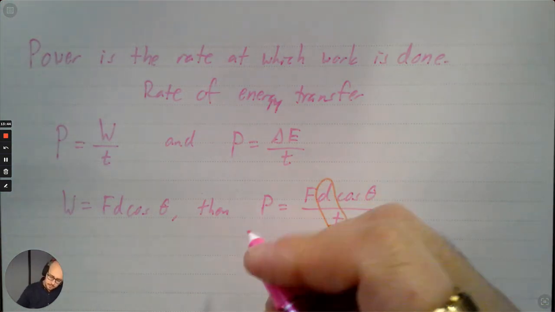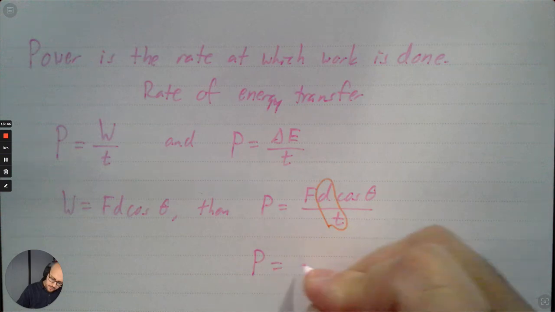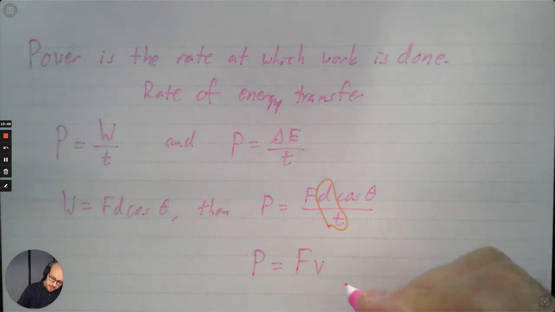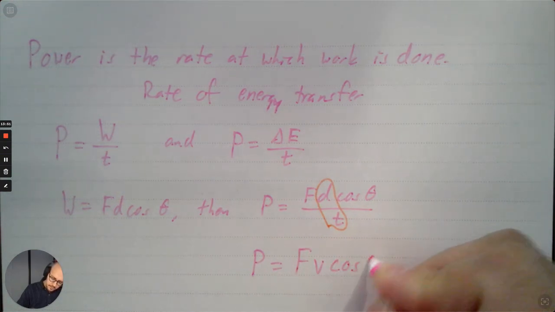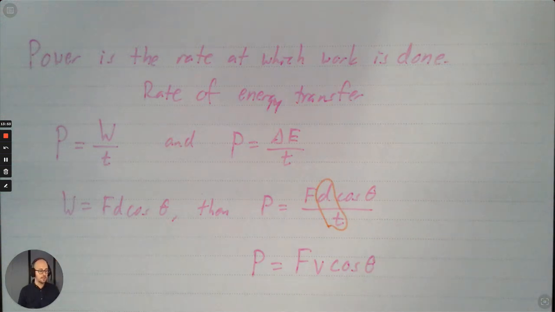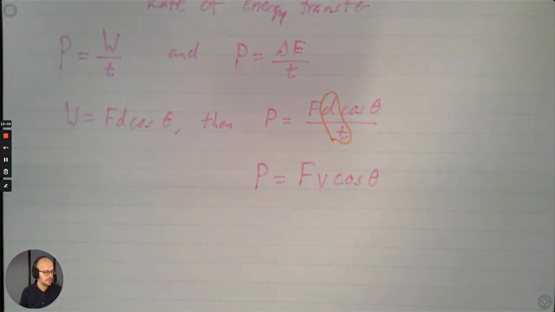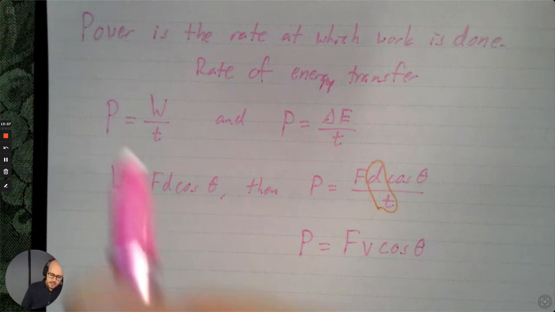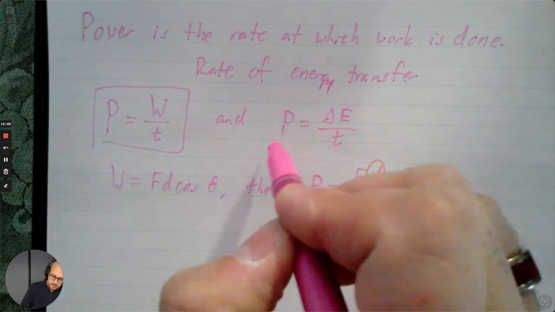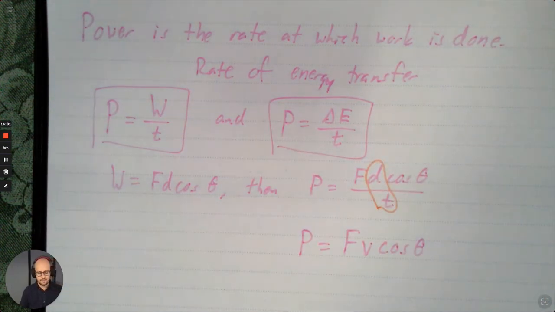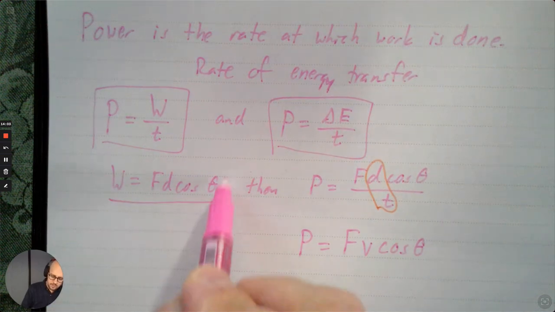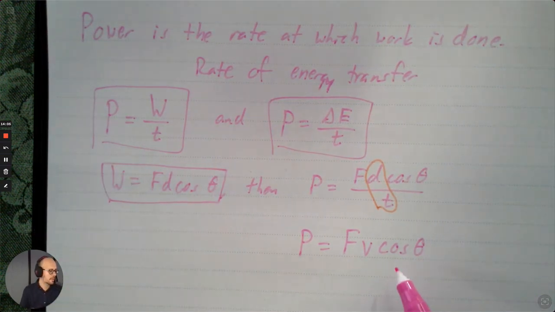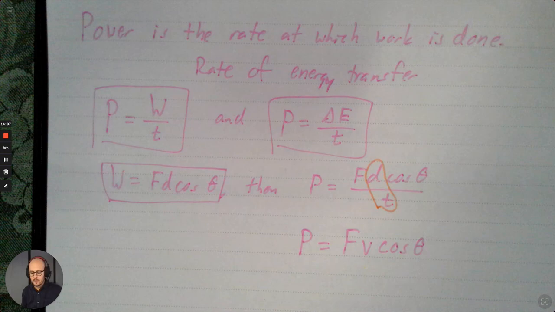So I can simplify and say that power is equal to force times speed times cosine theta. Sorry, force times velocity times cosine theta. These two equations are on your equation sheet, as is the work equation. This one is not, because it's derived from those equations.